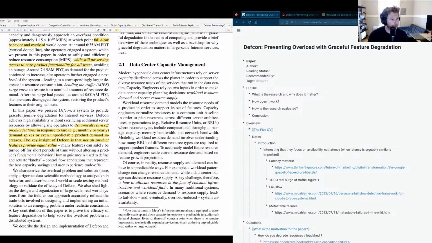Okay, so now we're talking about contributions. They characterize the overload problem in solution space, apply a rigorous data scientific methodology to analyze knob behavior, and describe a real-world at-scale testing methodology.